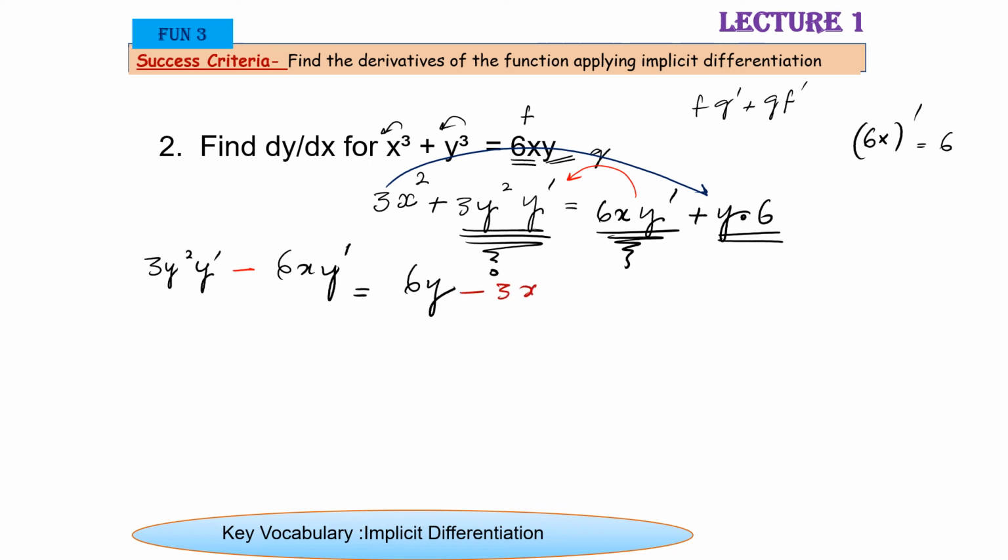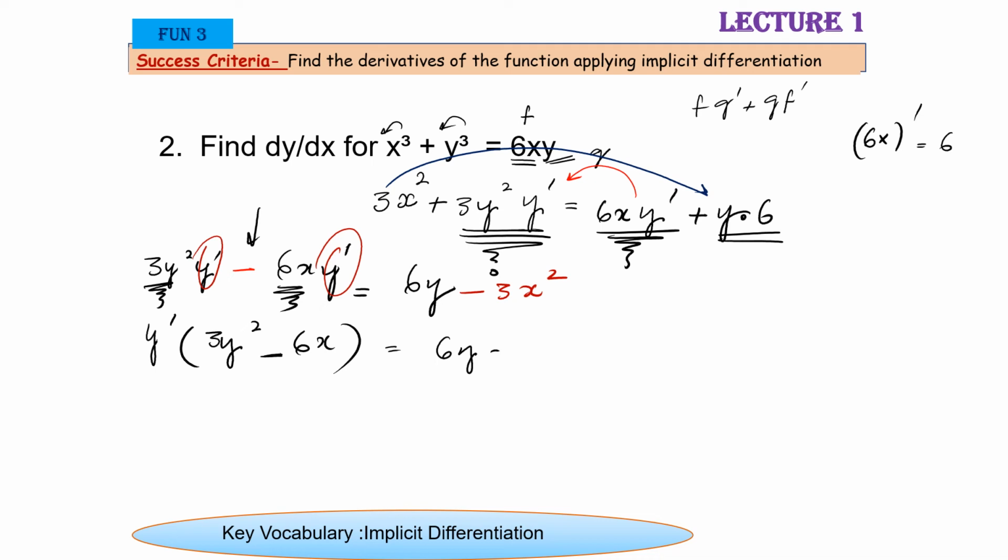3x square. Now take the y prime common, as you are solving for y prime. So we will write y prime, and in the bracket the leftovers: 3y square from the first term, then a negative term, 6x from the second term, equals 6y minus 3x square. Divide both sides by 3y square minus 6x.